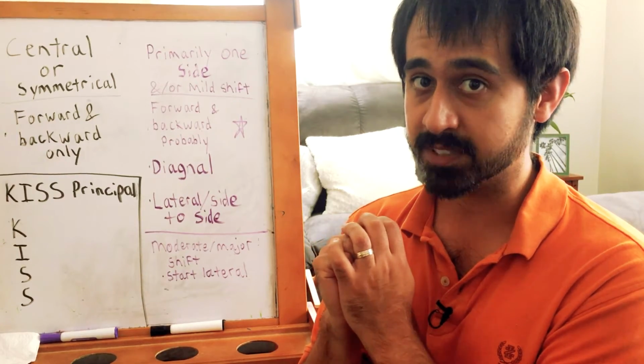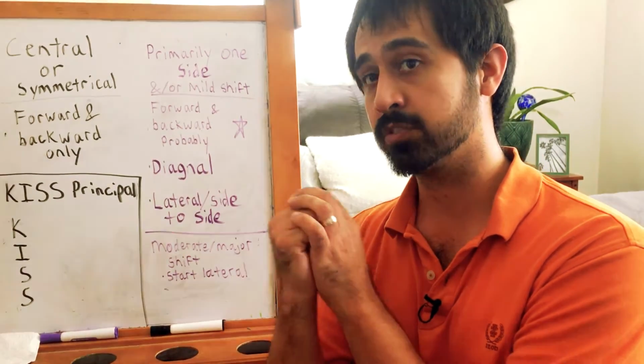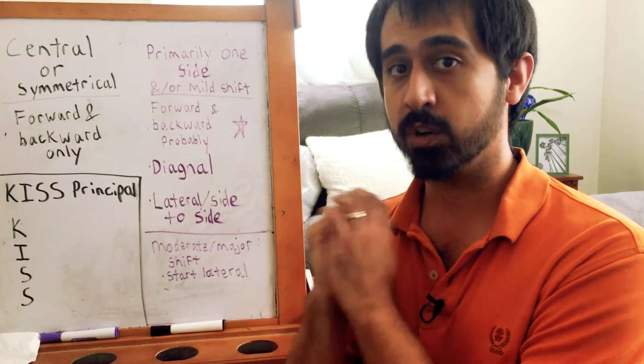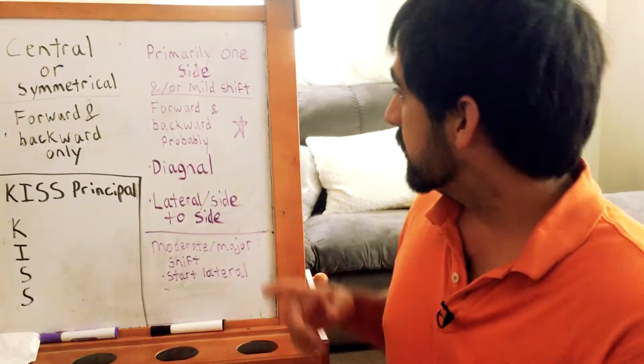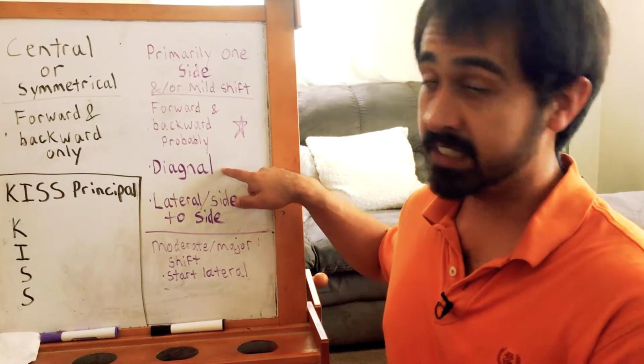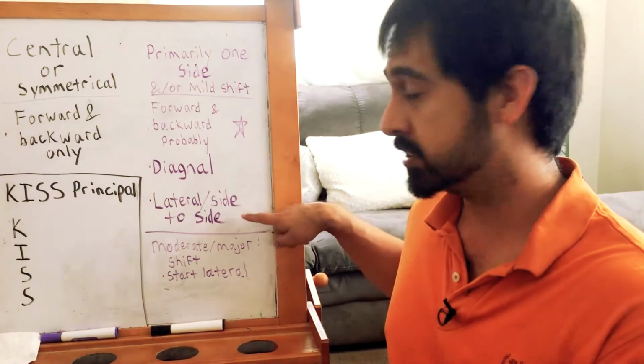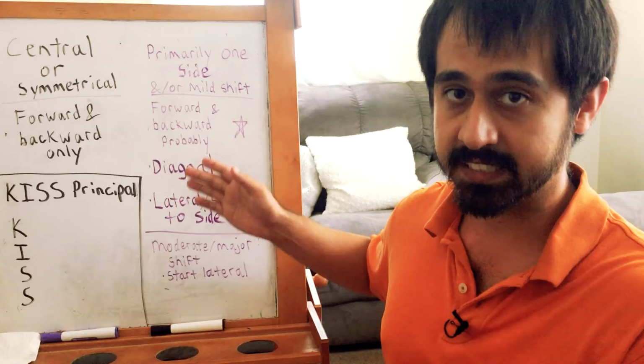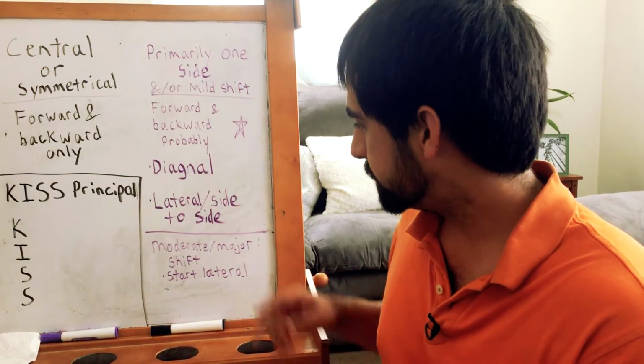However, sometimes it's not. Sometimes the problem is a little bit too far over and forwards and backwards can't get to it. So if forwards and backwards doesn't work, you can move on to either diagonal exercises or lateral side-to-side exercises.